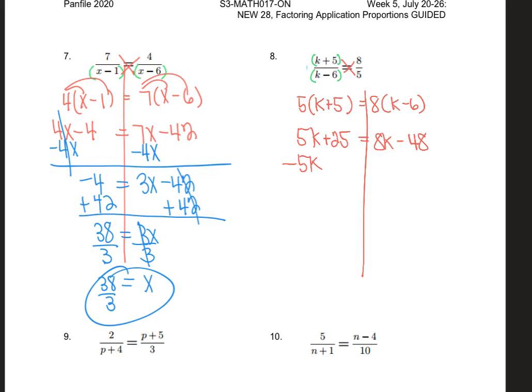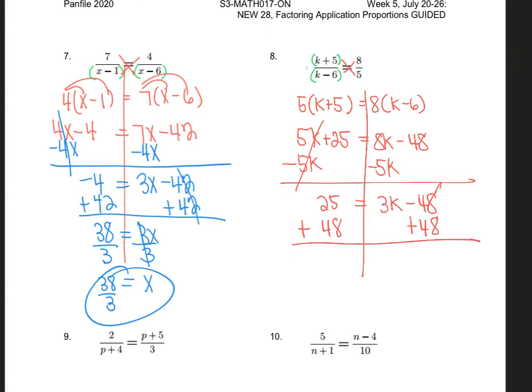Subtract 5k from both sides. We get 25 equals 3k minus 48. Add 48 to both sides. 3k equals 73. Over 3 equals k.